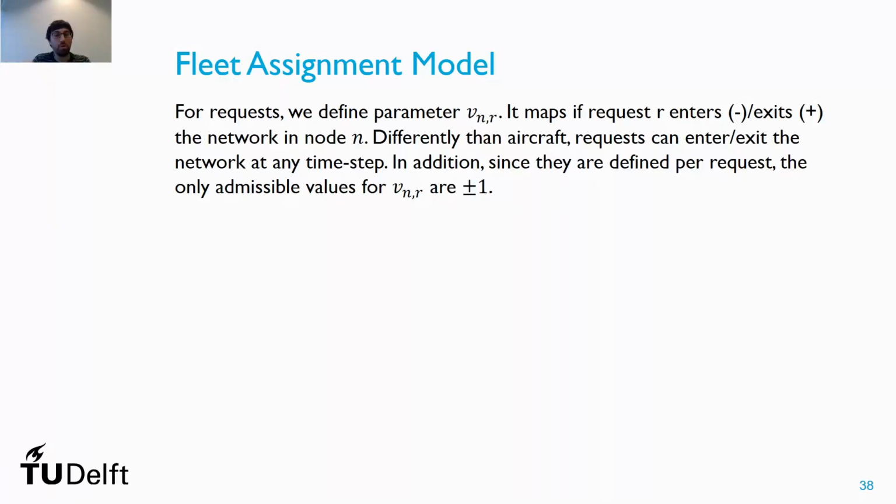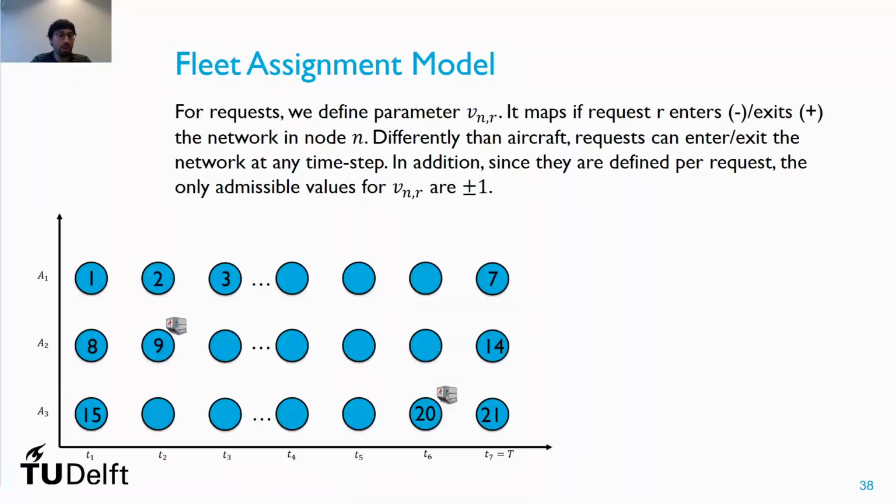Additionally, as we saw before, requests can enter or exit the system not necessarily at the first time and at the last time. They could enter and exit the system pretty much at any time. It really depends on the release time and the due date, which means that potentially we can have non-zero entries throughout the nodes. Let's consider this case.